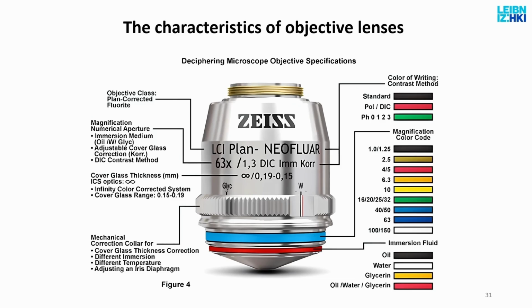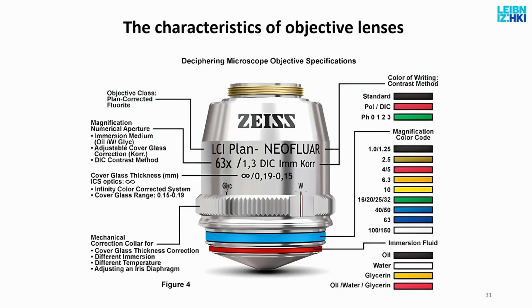The rule of thumb is that if you take the wavelength of the light that your laser produces, for example 400 nanometers blue light, and you divide this by twice this number, so 400 divided by 2.6, that will be the smallest object that you can see with this objective lens as a single thing. Anything above that will appear larger than it actually is, or if you have two objects which are closer than this distance, you will see them as one. So your resolution is determined by this number.